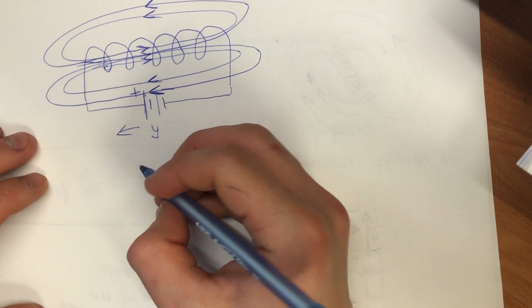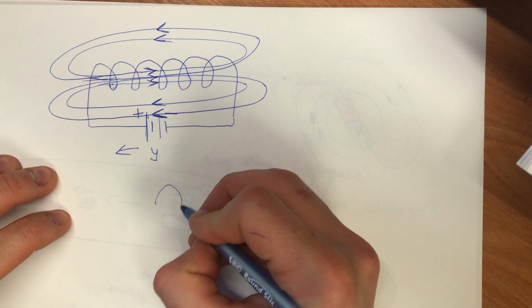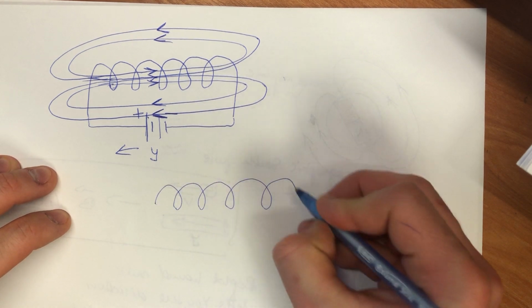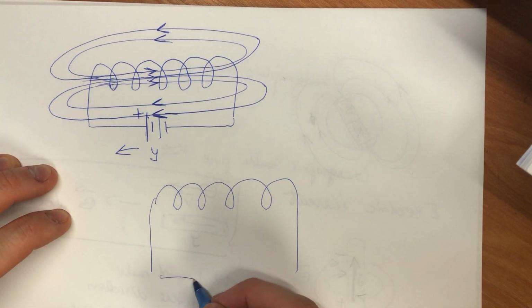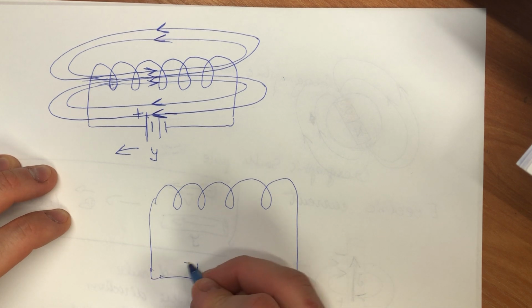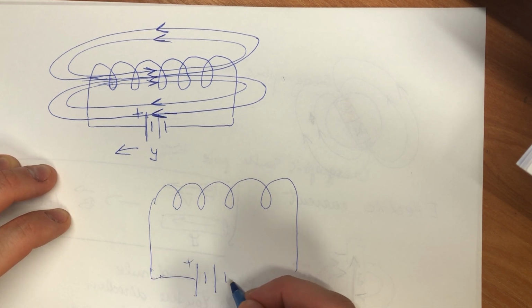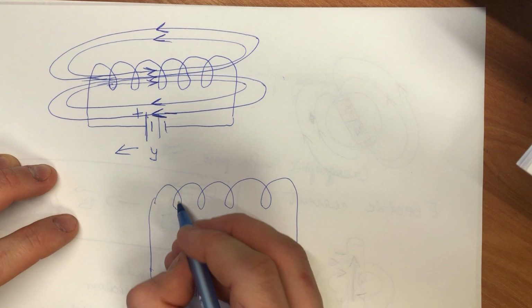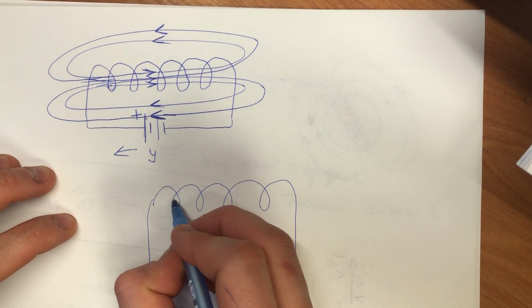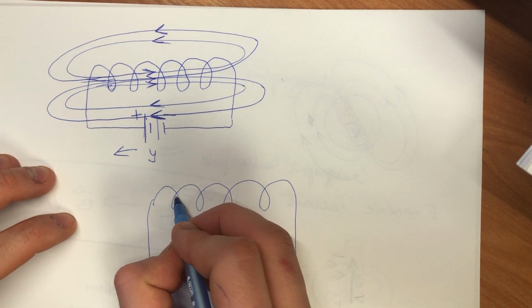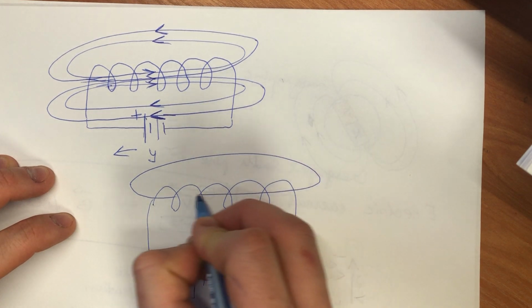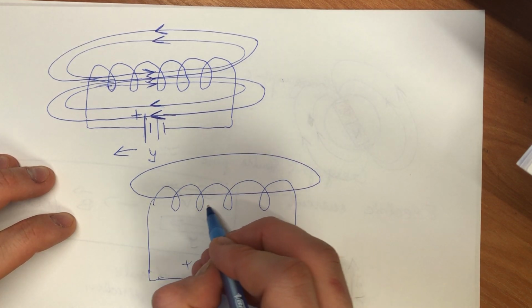So if we have this, this is plus, this is minus, so it represents the magnetic field.